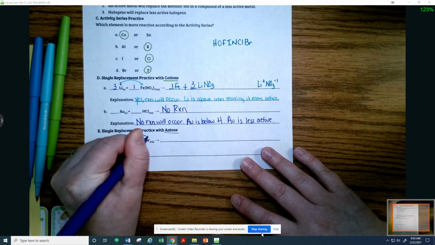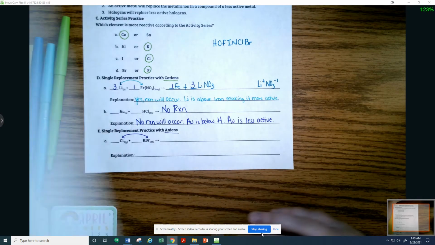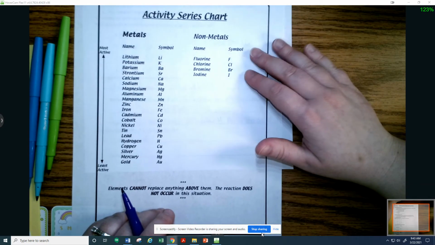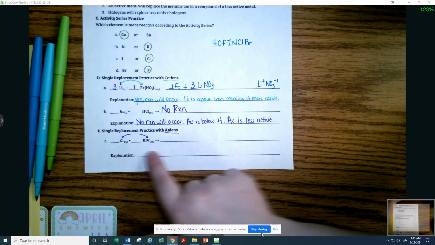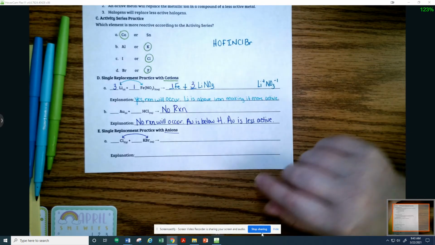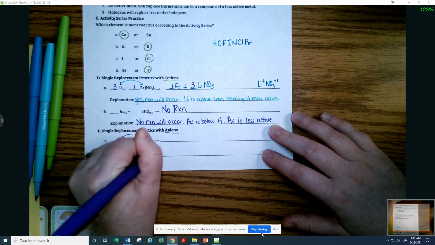So we're looking at whether Cl and Br can exchange places. We use our activity series, but we need to use the right-hand side comparing nonmetals, and we're comparing chlorine to bromine. Chlorine is further up the list, meaning it is more active. So yes, a reaction will occur.